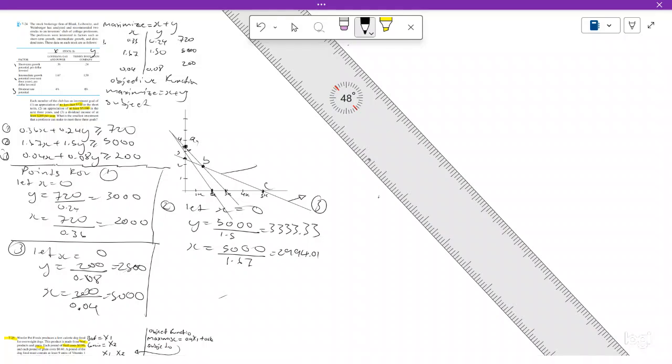We're going to put it in that one that is looking a little bit simpler.